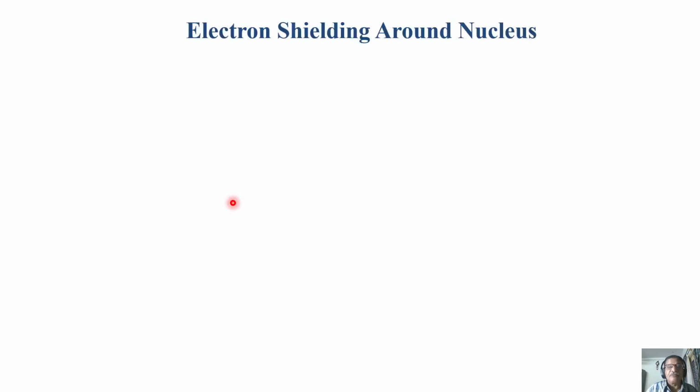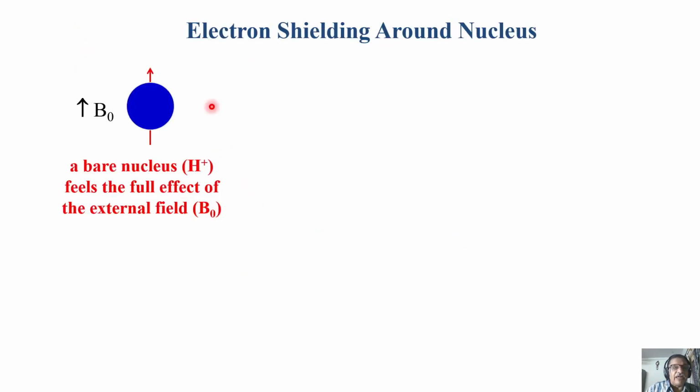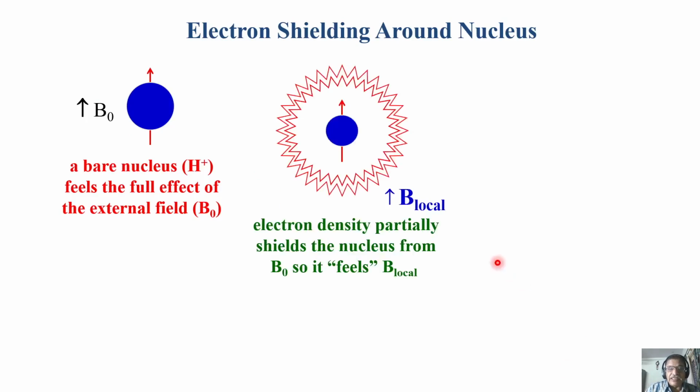These are the two important things. Please remember. So now, electron shielding around the nucleus is like this. Look at a bare nucleus. Assume there is no electron at all. It feels the full effect of the external magnetic field B naught. There is nothing else coming into the picture between the nucleus and the magnetic field. Now consider there is a certain electron density surrounding this nucleus, electrons moving around the nucleus.